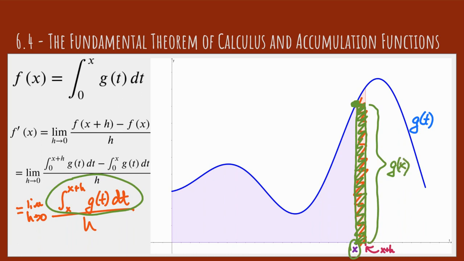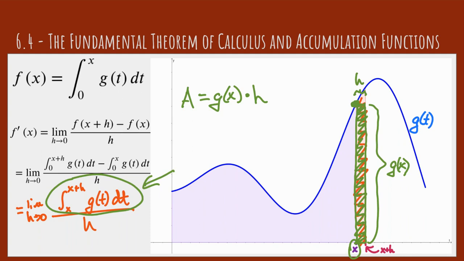The width from x to x plus h is going to be h. So the area of the green rectangle is going to be g of x times h. And this is an approximation of the area that we're representing here.